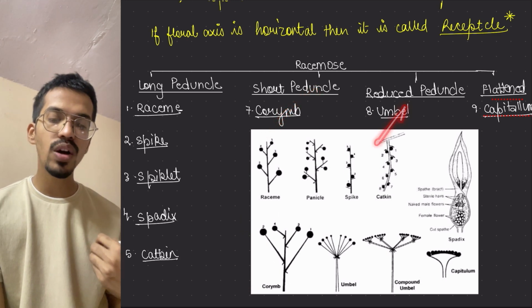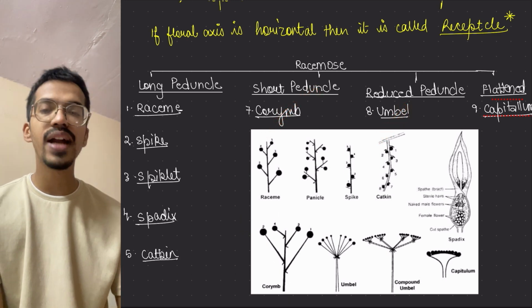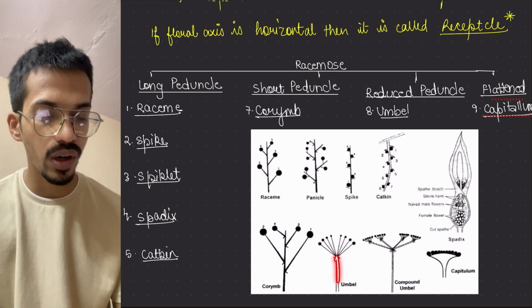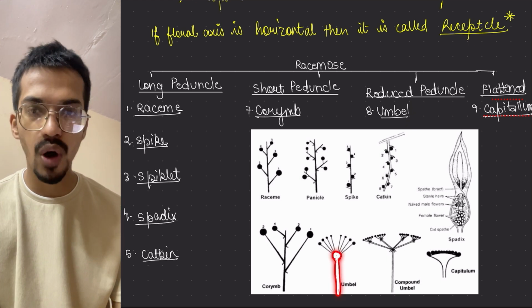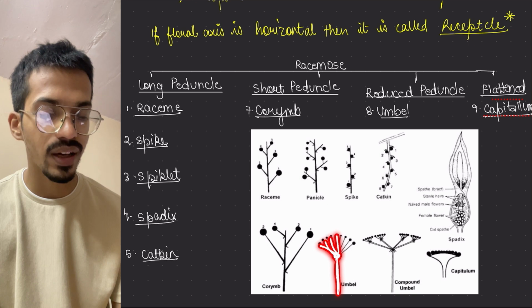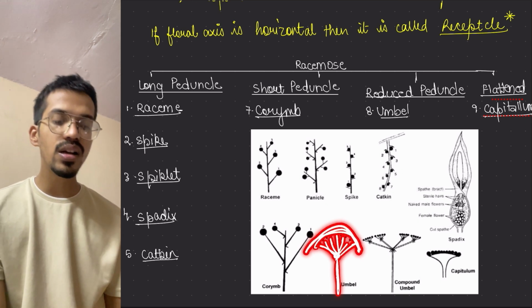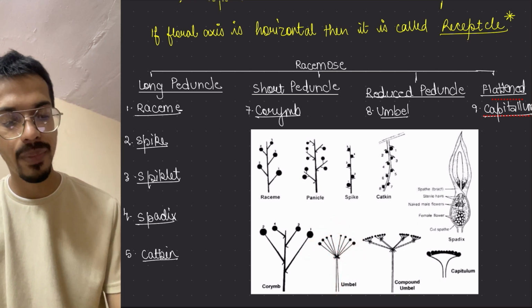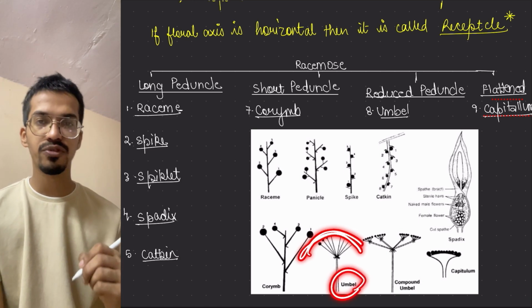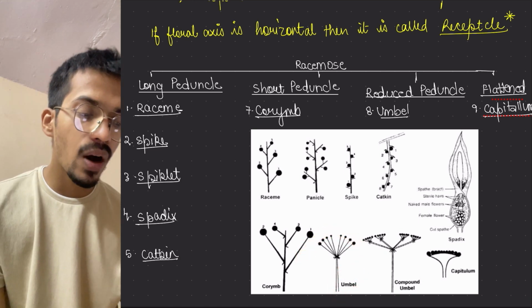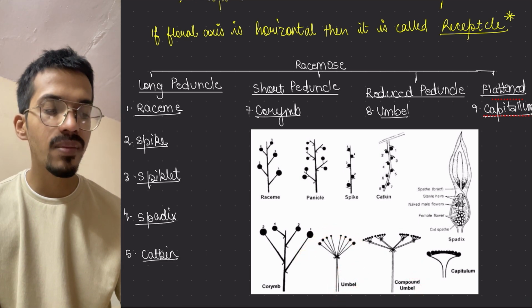Umbel. In umbel, what happened? This has a kind of reduced peduncle. Like this is the floral axis and the peduncle does not form much. From here, multiple flowers come on a similar level and form an umbrella shape, right? So the word umbel has been given to it. Compound umbel is where from here multiple umbels come.